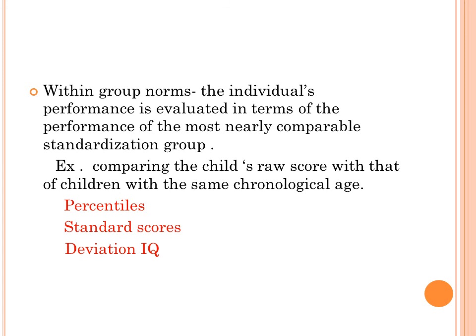The raw score is different from the derived score, which I've already discussed in the previous videos, so please do check that out as well. For example, you have a 9-year-old child that you're studying. You wanted to know his or her performance by comparing it to another 9-year-old child. As you can see, that's within his or her group. That's why it's called within group norms.